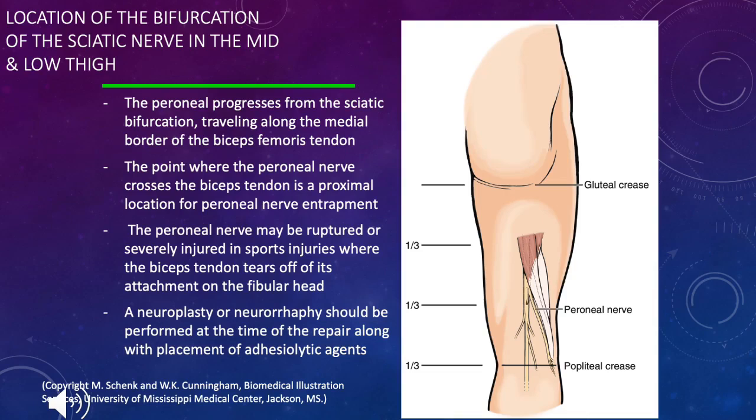This is often best done with adhesiolytic materials such as Seprafilm or even the placement of Duragen or other resorbable materials that help prevent adhesions from extending into and interfering with nerve regrowth and nerve recovery.